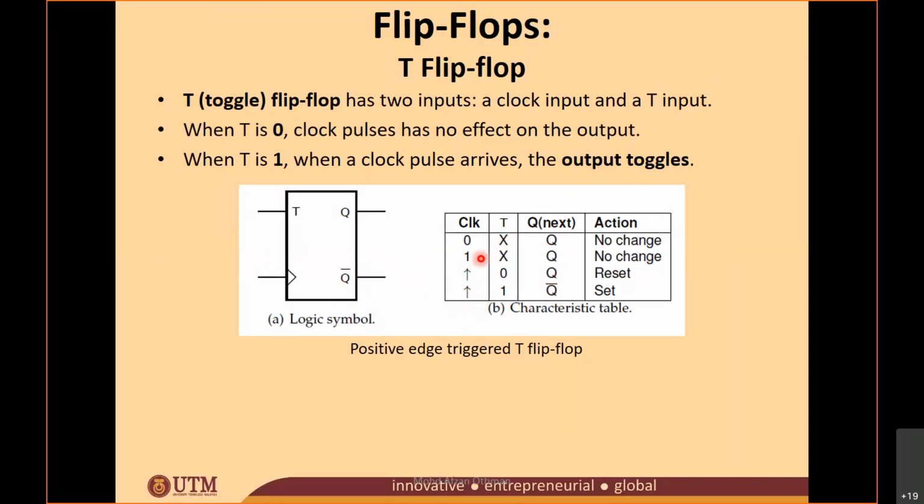So every rising edge, when T equals 0, Q does not change. When T equals 1, Q toggles. So please change this one. This action here is wrong. So this one is no change and this is a toggle. Other than that, if the clock input is either 0 or 1, regardless of your T input, the output will no change.